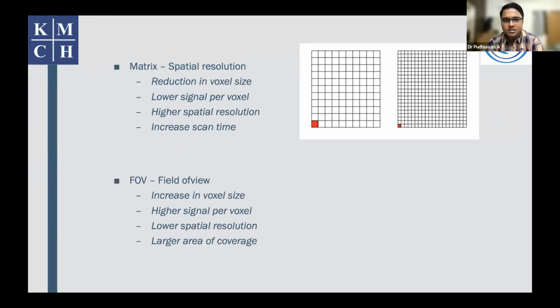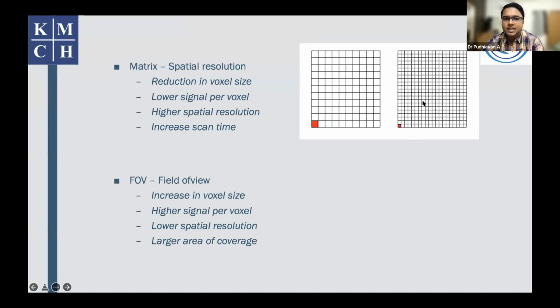Coming to matrix, the matrix determines the spatial resolution of the image. An increase in matrix size will result in a reduction in voxel size. So suppose this is a 10 by 10 matrix, and here we have increased it to a 20 by 20 matrix.